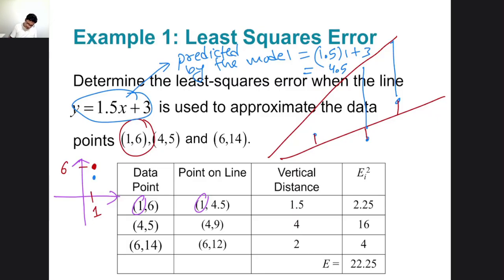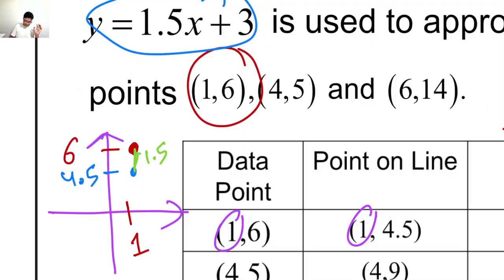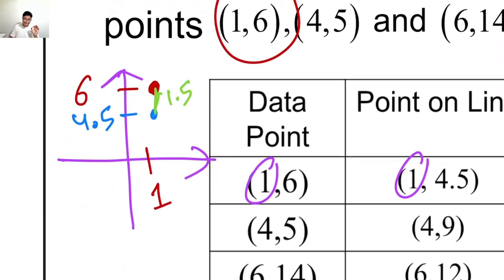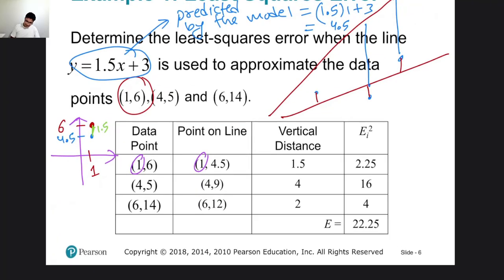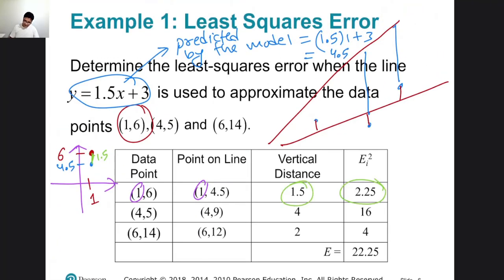It's here. So for this data point, the amount of error is this difference, 1.5, from 4.5 to 6. The height is 1.5. That is the amount of error at that data point. Now you are going to square it. That 1.5, you'll square it, it will be 2.25. And repeat this for the other points.